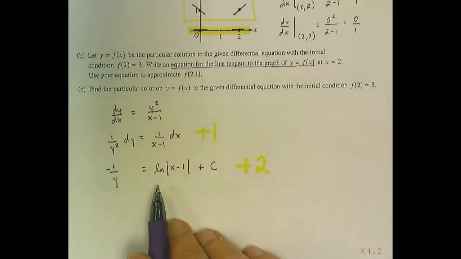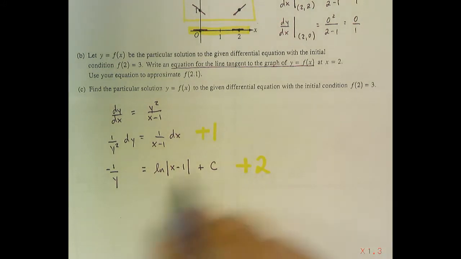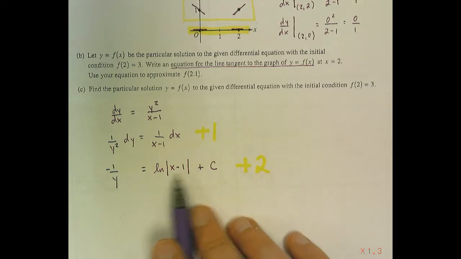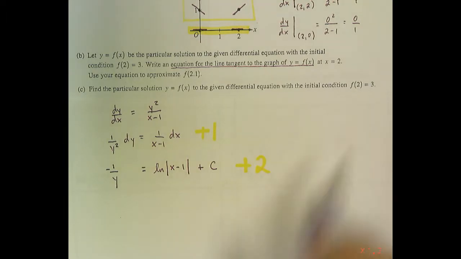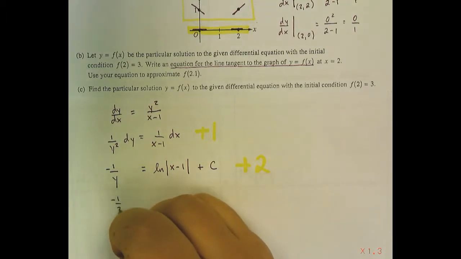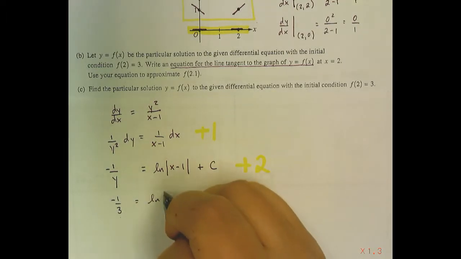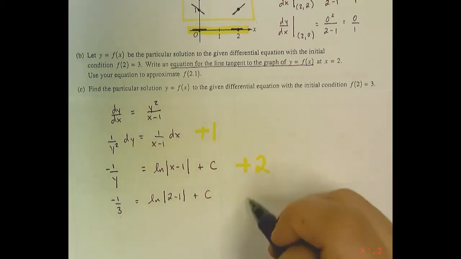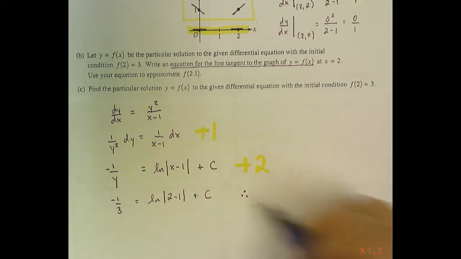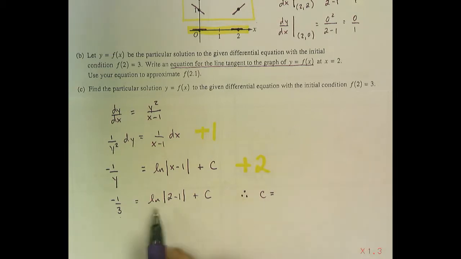Now, from here, we want to use the initial condition to start solving for the value of c. So when y is 3, x is 2. So negative 1/3 equals ln of 2 minus 1 plus c. So c is equal to, well, we see here ln of 2 minus 1 is ln of 1.